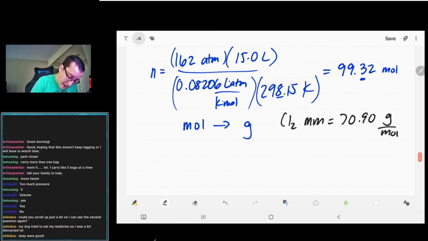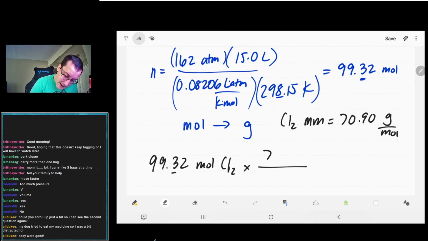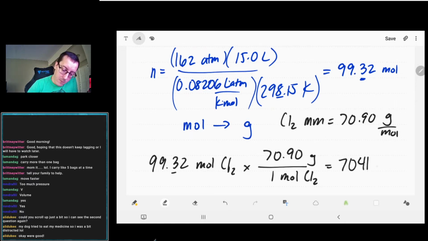So if we do that, 99.32 times 70.9 grams per mole, we get 7,041 grams.